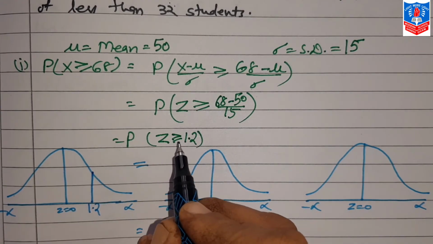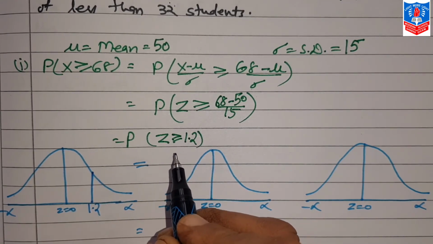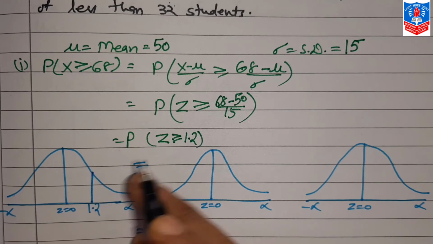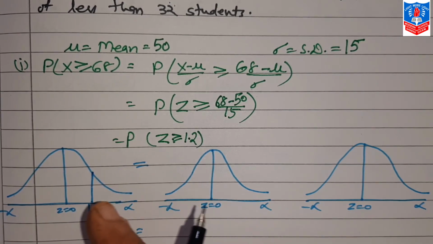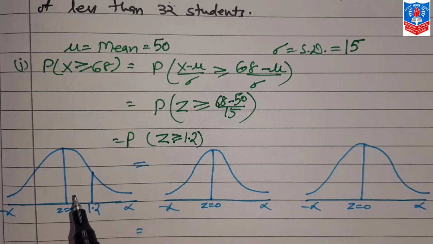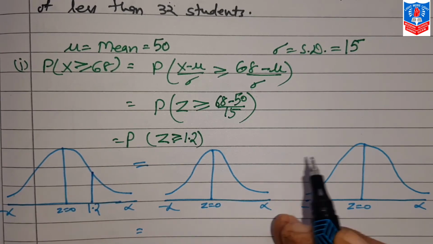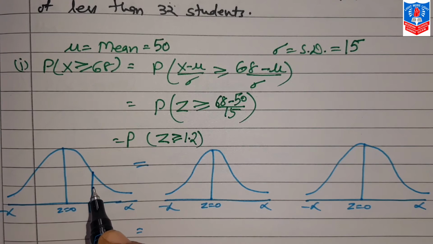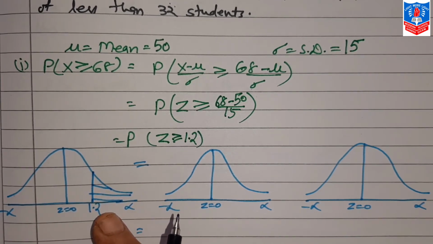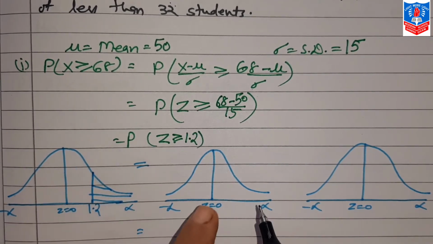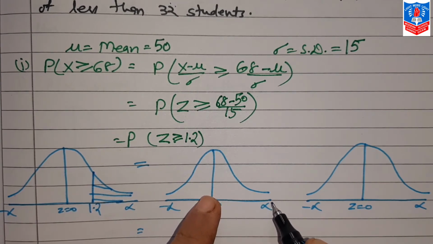Now Z value is greater than or equal to 1.2, that is more than 1.2. Now we know very well this is 1, 2, 3, 4, this way the values increase. So greater, more, it will be on the right hand side. So the area will be this, more than 1.2. Now how do we find this area? It is the whole, from Z to infinity.